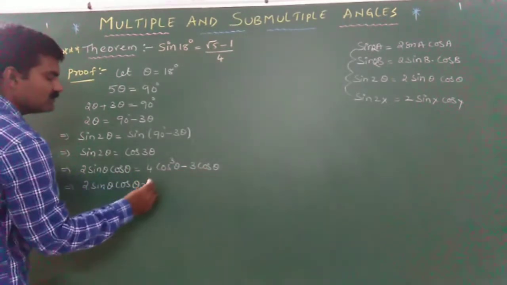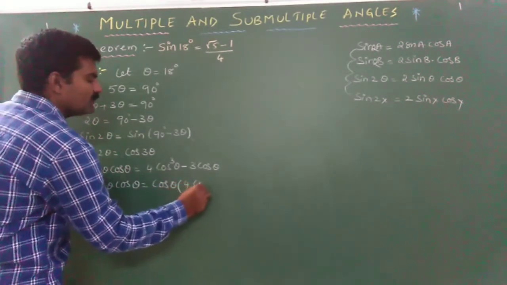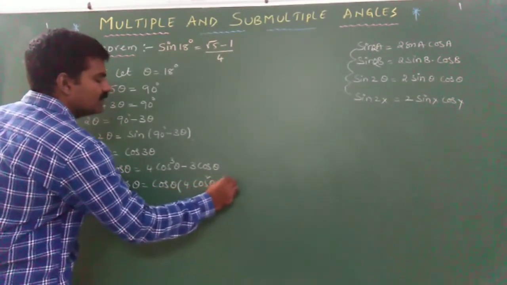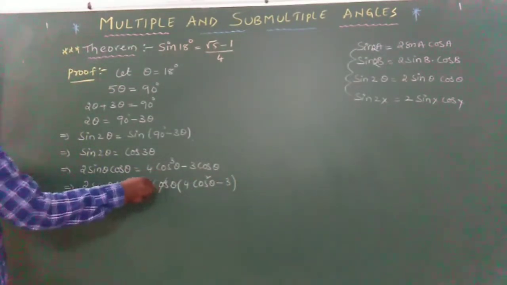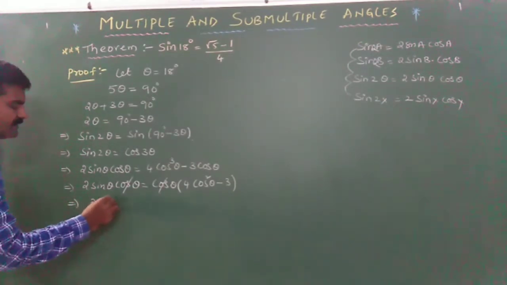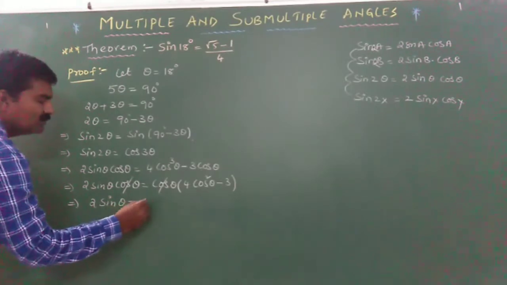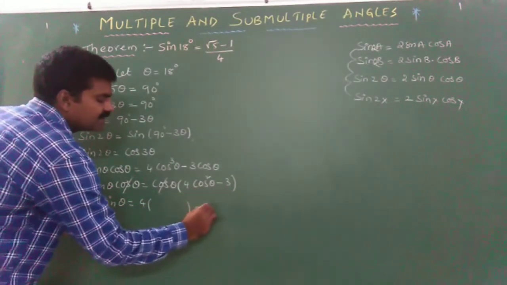From these two I can take cos theta common, so 4 cos square theta minus 3. One of the cos theta is getting cancelled, and now 2 sin theta is equal to 4 cos square theta minus 3.